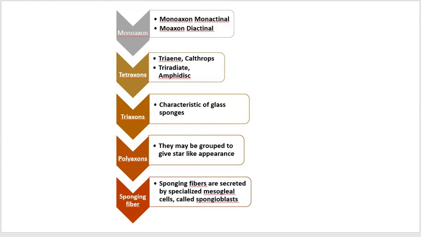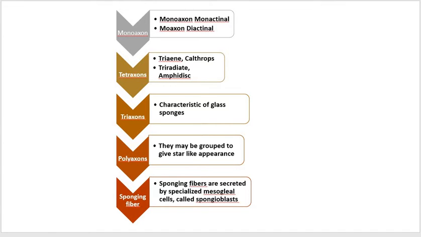After that, the tetraxon spicule, which again shows types such as Triaenes, Calthrops, Triradiate or Amphitriaenes. Then the third one is the triaxon spicule, a characteristic of glass sponges, where these spicules are particularly present. Then polyaxon spicules, followed by spongin fiber. Now we can see all the types one by one.